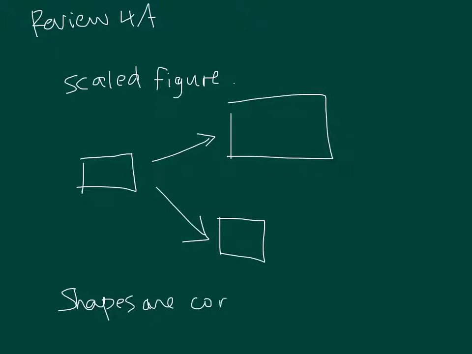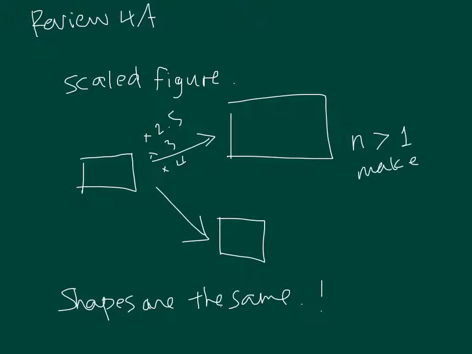So shapes are congruent. Or we shouldn't say congruent. Shapes are the same, because congruent means the same shape and size. Shapes are the same. And we use such numbers as 2.5 or 3 or 4, a number that is bigger than 1, to make the original bigger.